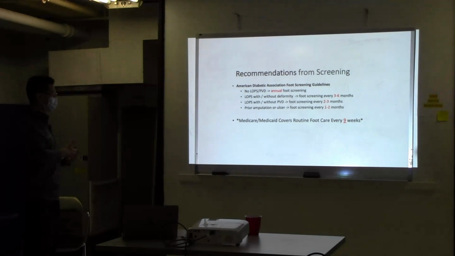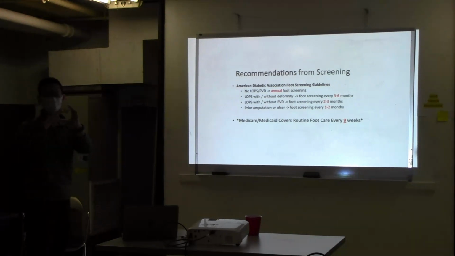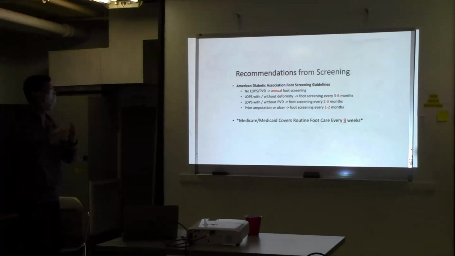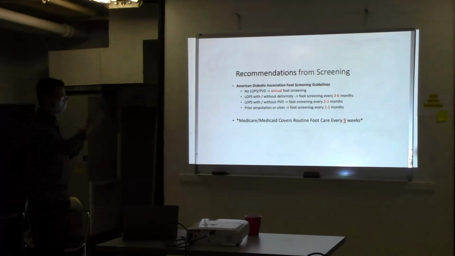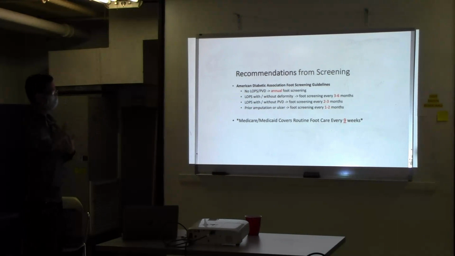And then loss of protective sensation with peripheral vascular disease. Peripheral vascular disease is basically like a pipeline where some kind of dirt is accumulating in the pipeline, causing a burning sensation at the digits. We want to see them every 2 to 3 months, and we also have to think about a vascular consult.